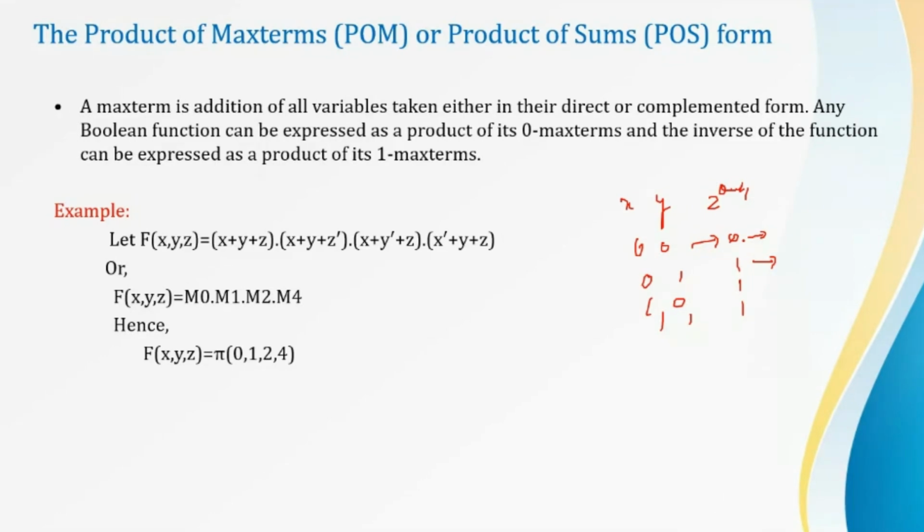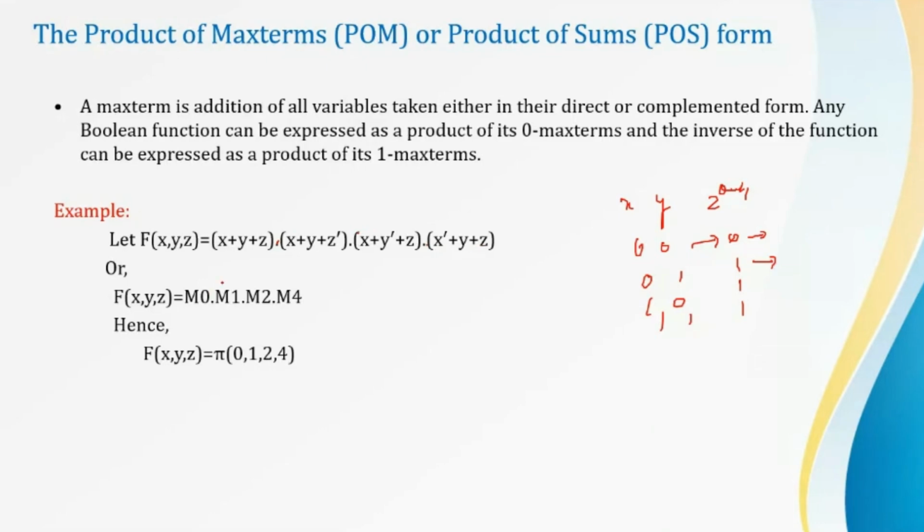So we'll go to the expression here. Whatever expression we are getting, like x plus y plus z. These are the sum of product. Here it is product: x plus y plus z bar into x plus y bar plus z into x bar y z.